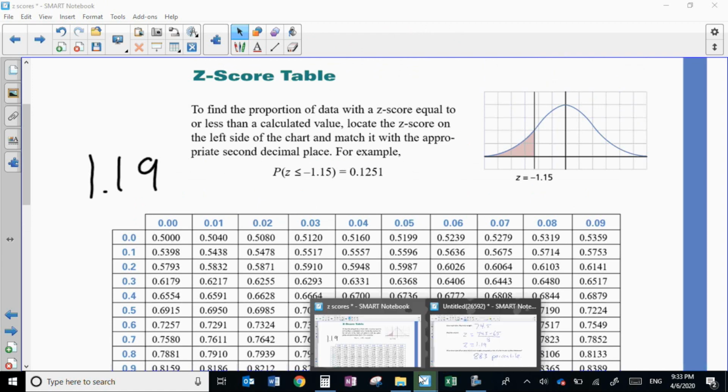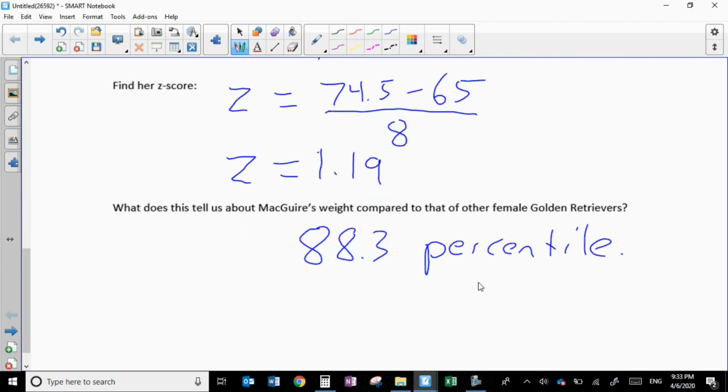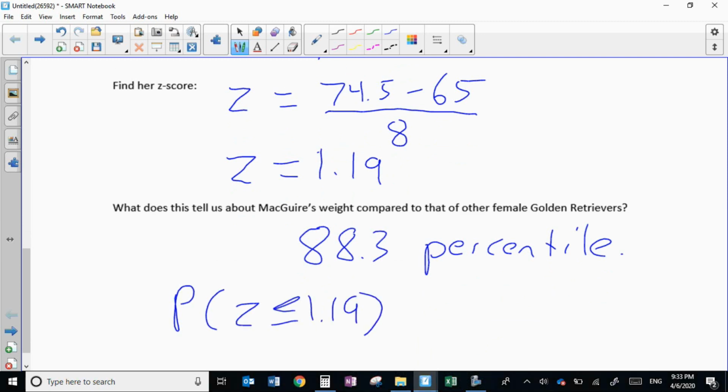We could say the proportion of data less than or equal to 1.19 is equal to 0.883. And this notation, you can think of the P as being either proportion of data, or you can think of it as probability. The probability that a dog, the female golden retriever, weighs less than McGuire is 88.3%.